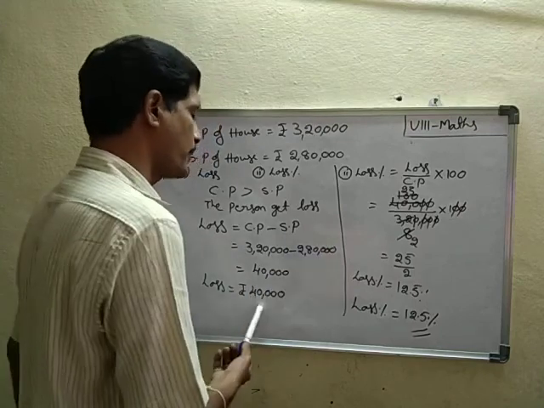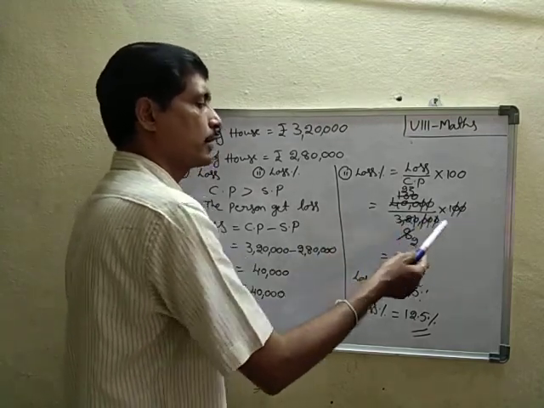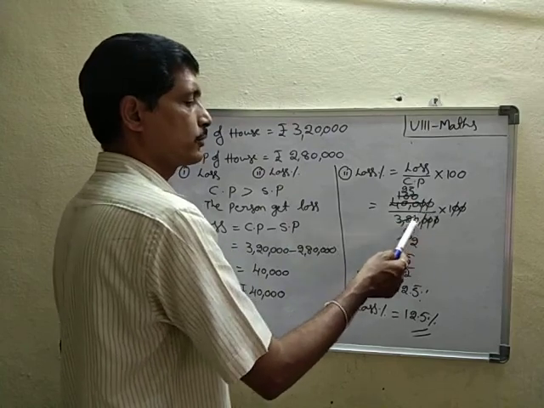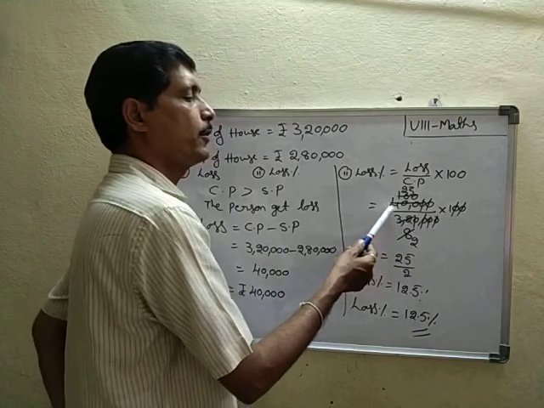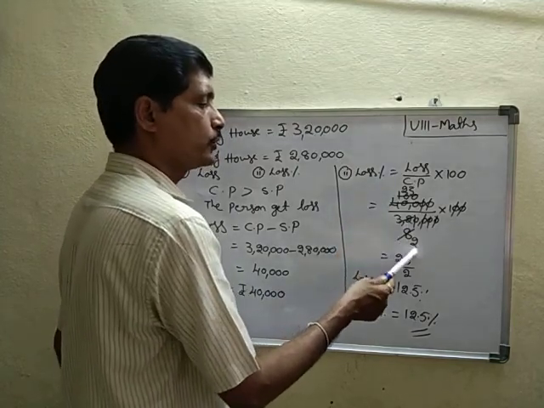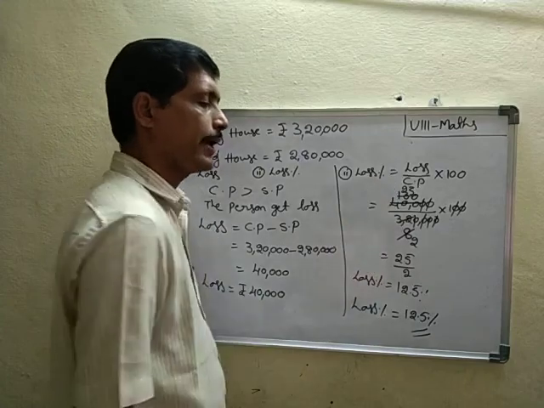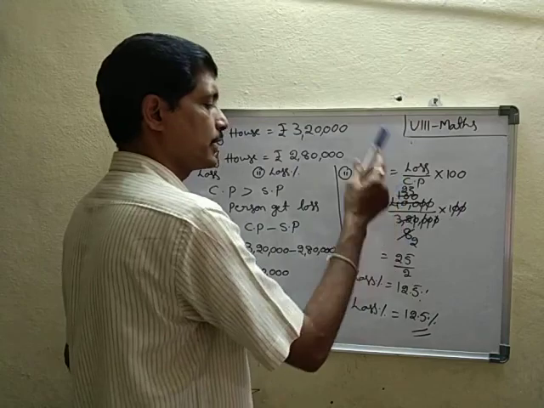Loss equals how much? 40,000 by 3,20,000 into 100. The zeros get cancelled, total 4 zeros get cancelled. That is 400 by 32. 4 table, 400, so 4 8s. Again 4 table, 4 2s, and 4 others directly, 16 table, 16 2s, 16 25s.